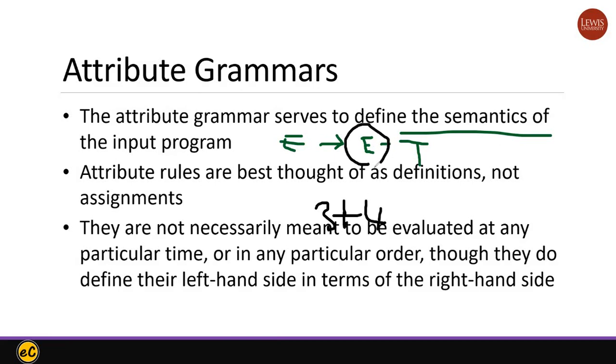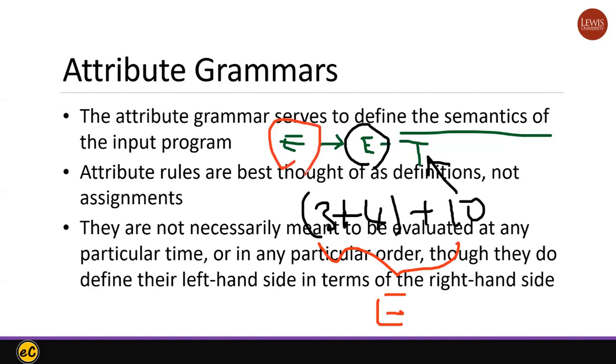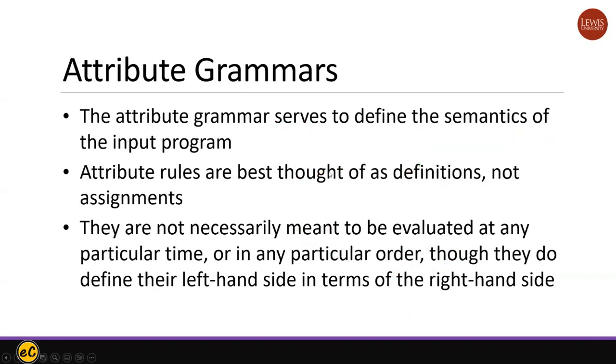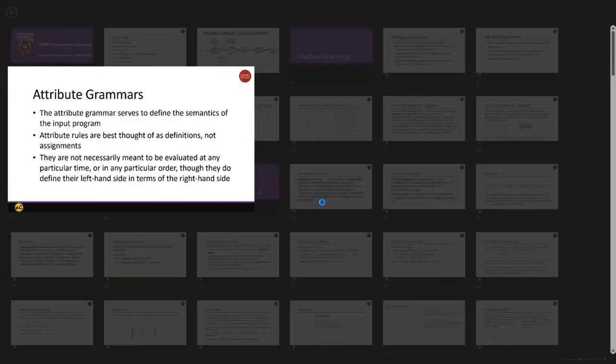This one is this expression, right? Plus 10. Okay, this 10 is the term, right? So this whole thing is an expression, and it's this expression. So the evaluation of this whole thing is described as what we just saw here.